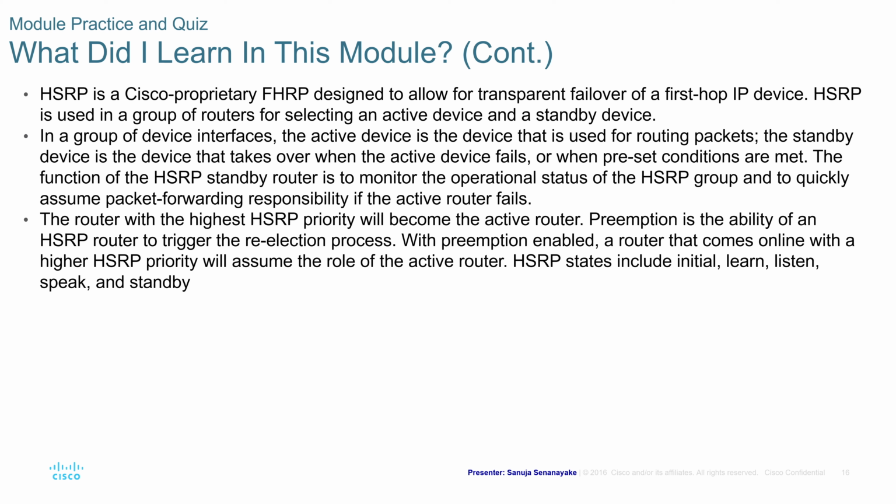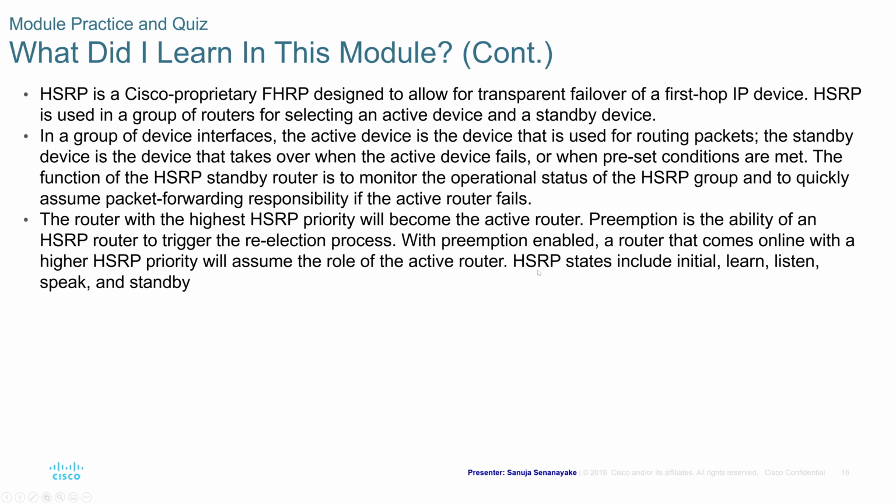The standby device is the device that takes over when the active device fails or when preset conditions are met. The function of the HSRP standby router is to monitor the operational status of the HSRP group and quickly assume the packet forwarding responsibility if the active router fails. So the preconditions, remember the preemption, for example, are what they are discussing up here.